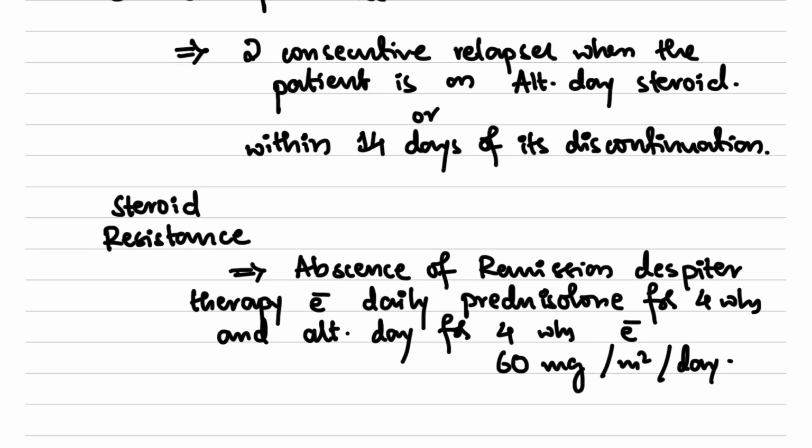So we are giving the child 60 mg per meter square per day every day for 4 weeks, followed by alternate day with again 60 mg, and still the patient is not having remission. Then we can say that the patient is having steroid resistance.